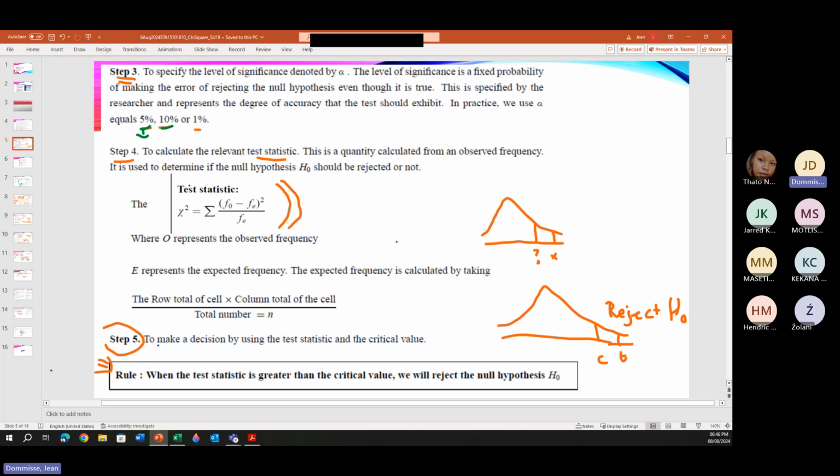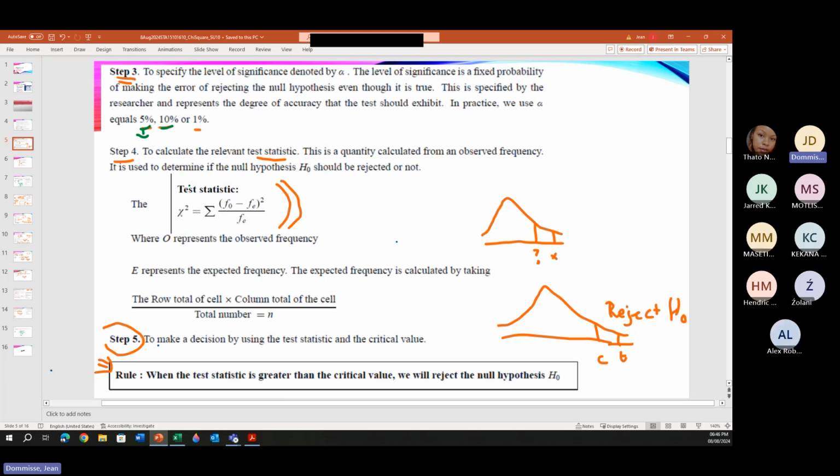As in study unit 9, where we calculated a t-stat by using the formula for z, we're doing the same in chi-square. We're looking at a test statistic, but yes, it is a bit different in how we calculate it, but the same principle is working here, that we need to work out a test statistic.